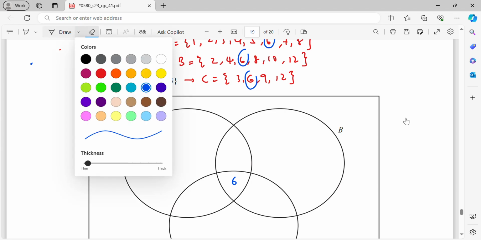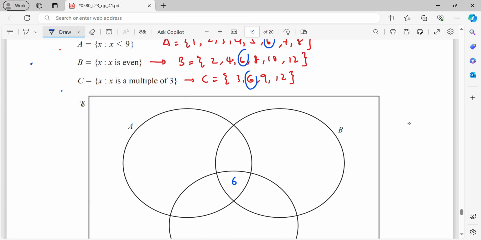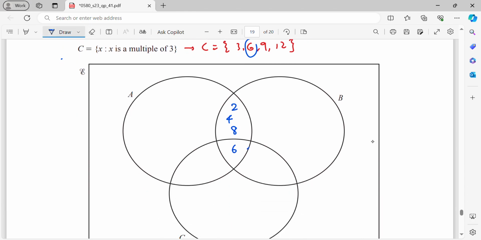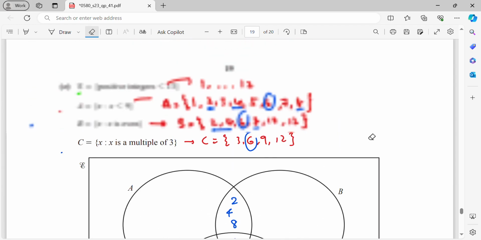Then now I label between A and B. Okay, between A and B means these two parts. So it will be A and B will be 2, 4, and then 8, and also 6. So here 2, 4, 8. Then between A and C, this is your A, here is your C. Okay, so between A and C, let's check.